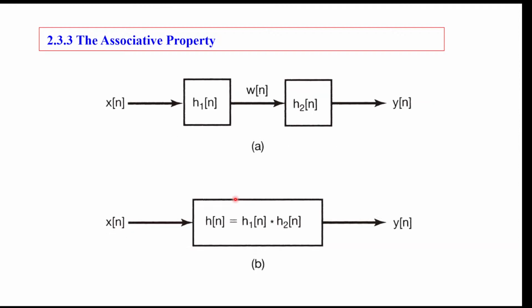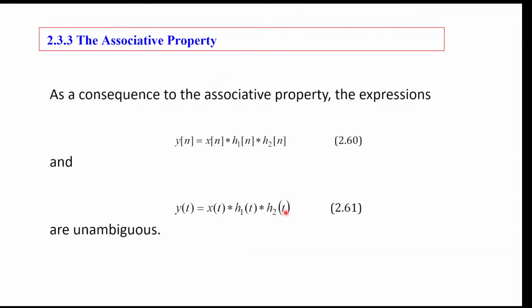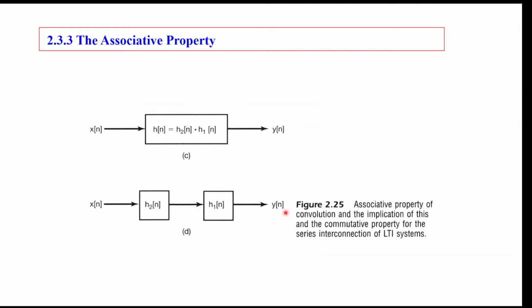Also, the nice thing about this property is that if you have your system go through an LTI system with h1 and then an LTI system with h2, it is the same as going through a single LTI system with h1 convolved with h2. Okay, so that's from the associative property.